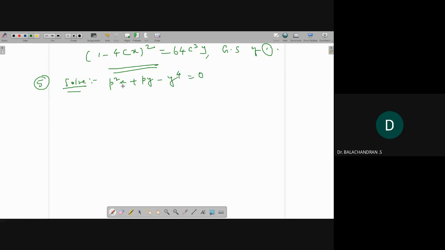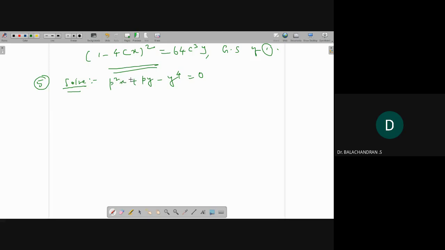If you look at this problem the first time, you will try to solve for p only, because this is quadratic in p. But you will not solve this problem for p; you can check it later. Now, it is not advisable to solve for y, since here y and here y power 4. If it is not solvable for p, it is better to solve for x.